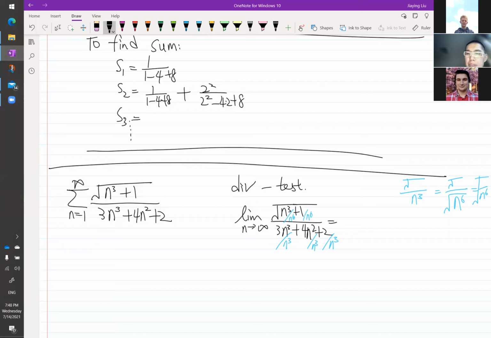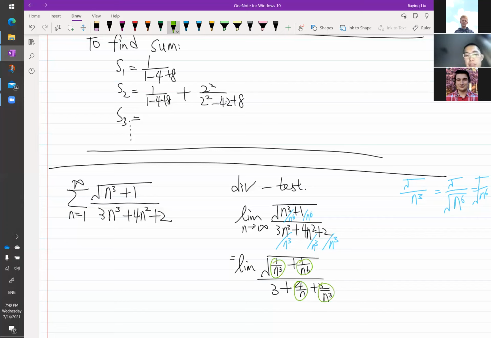And then that becomes the limit of the square root of 1 over n cubed plus 1 over n to the 6th, divided by 3 plus 4 over n plus 2 over n cubed. If n goes to infinity, this term goes to 0, that term goes to 0, the whole numerator goes to 0.